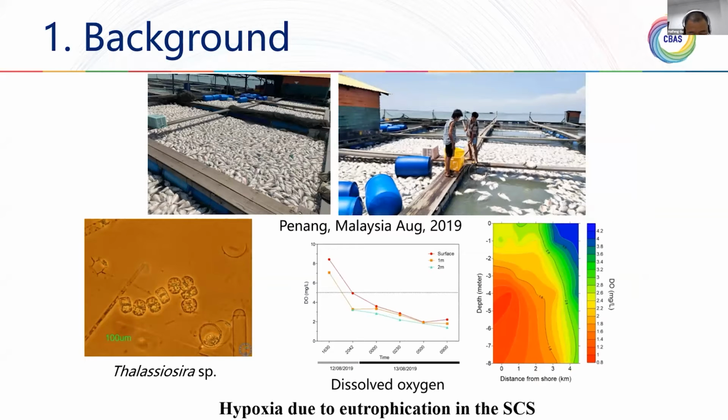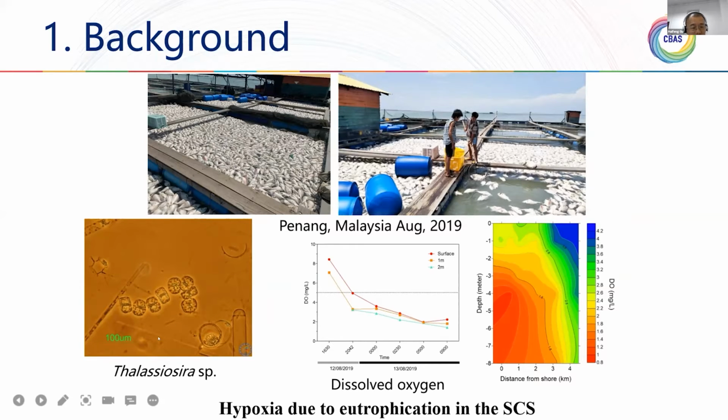Another example of eutrophication is a recent incident in Penang, Malaysia in August 2019. This area is highly populated and suffers from eutrophication. There are a lot of fish cages in a shallow sea area, and the majority of them died due to hypoxia.